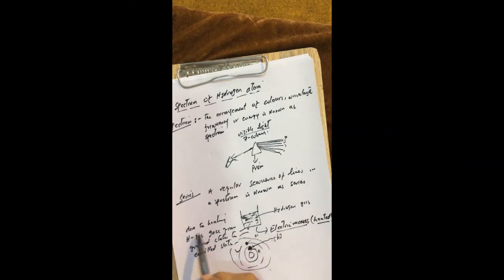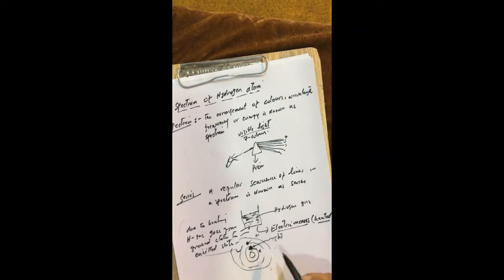So this is the meaning of this statement: due to heating, hydrogen gas goes from ground state to excited state, because all the atoms got excited. In one atom the electron goes from K to L, in the other atom from K to M, in the next atom from K to N, and so on.